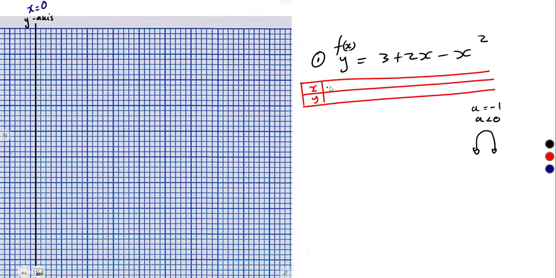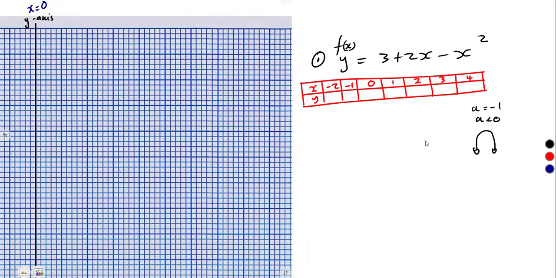So this is -2, -1, 0, 1, 2, 3, up to 4. So let's take this one up to 4.